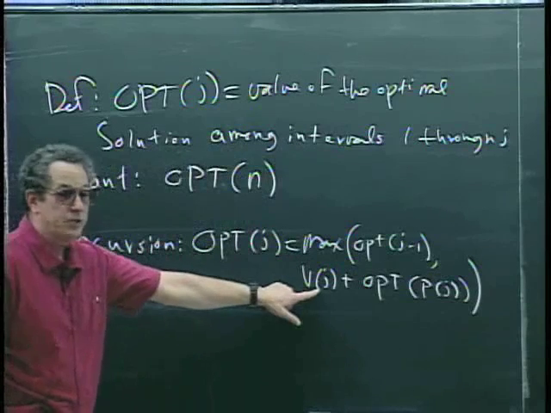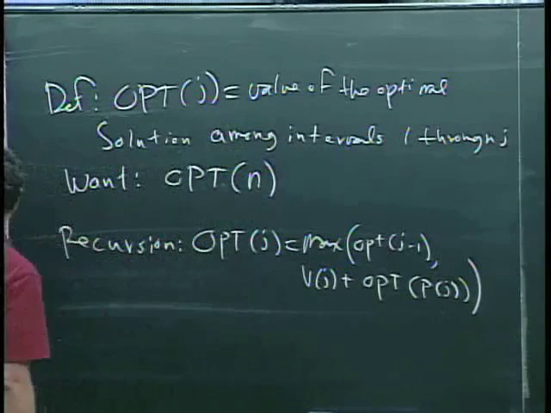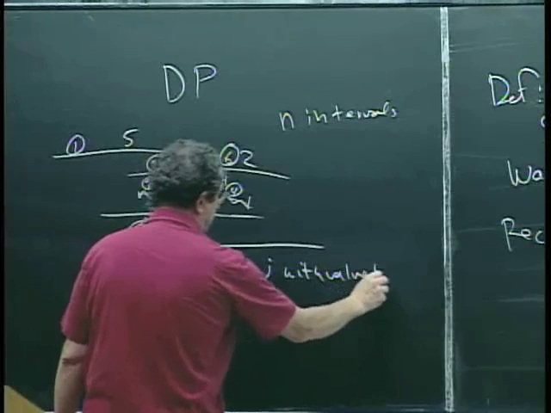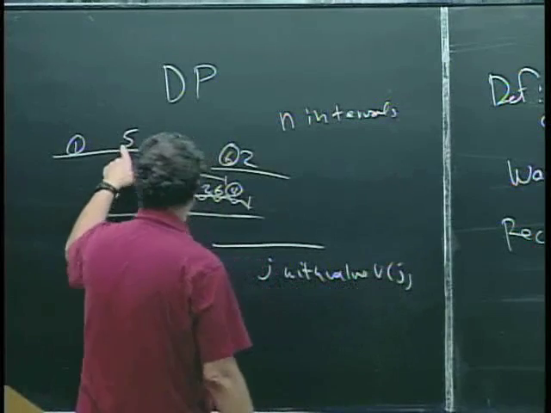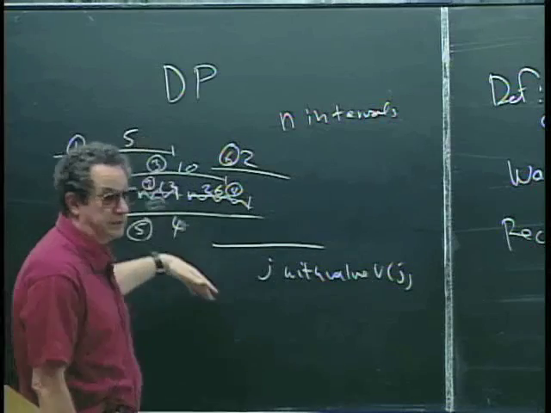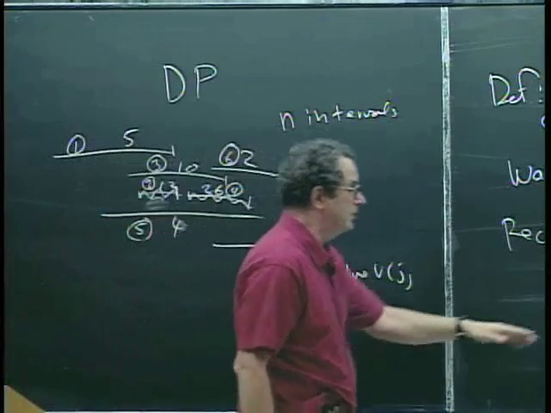Well, what was v j? v j is the value you get from interval j. So here's j with its value. So v1 is 5, v2 is 13, etc., in this example. So v is the value you get.